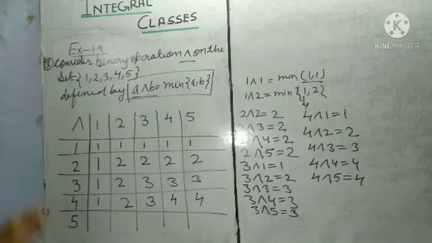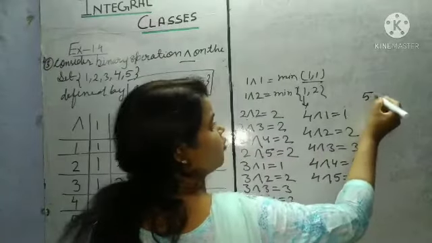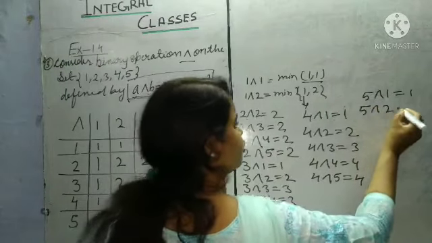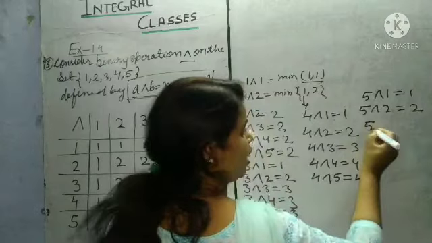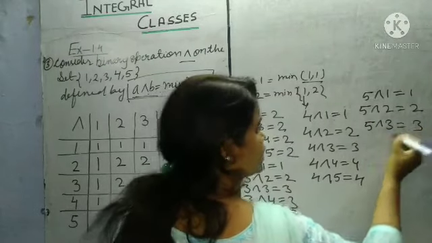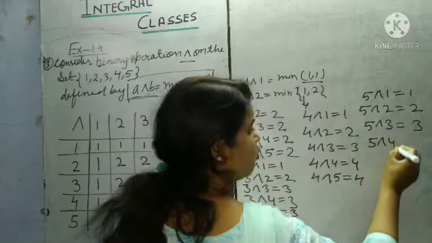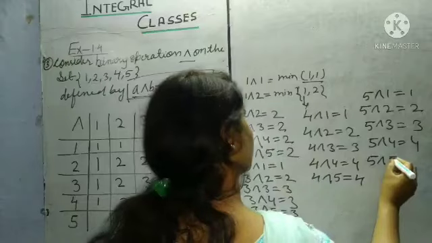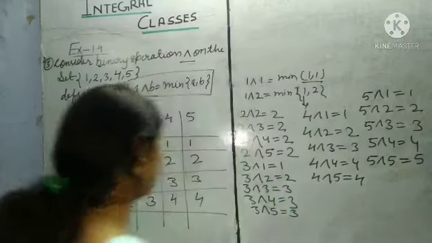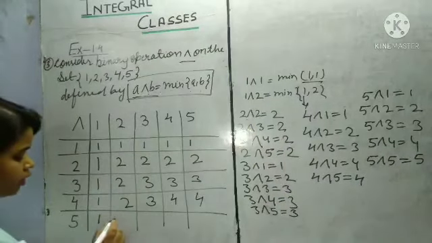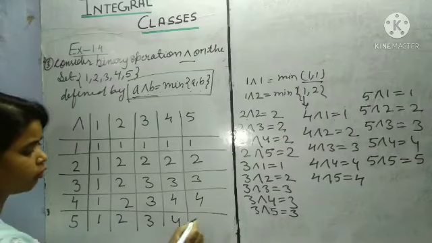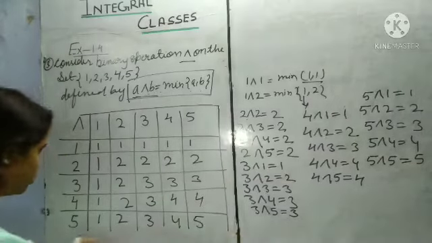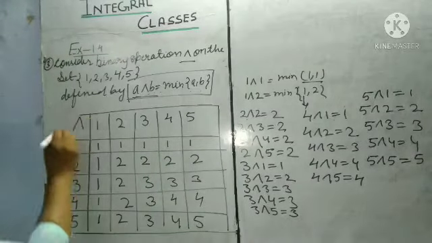Now for 5 cap 1, 1 is minimum. 5 cap 2, 2 is minimum. 5 cap 3, 3 is again minimum. 5 cap 4, 4 is minimum here. And last is 5 cap 5, so 5 is minimum. So now we should write 1 2 3 4 5, and this is the table for the binary operation.